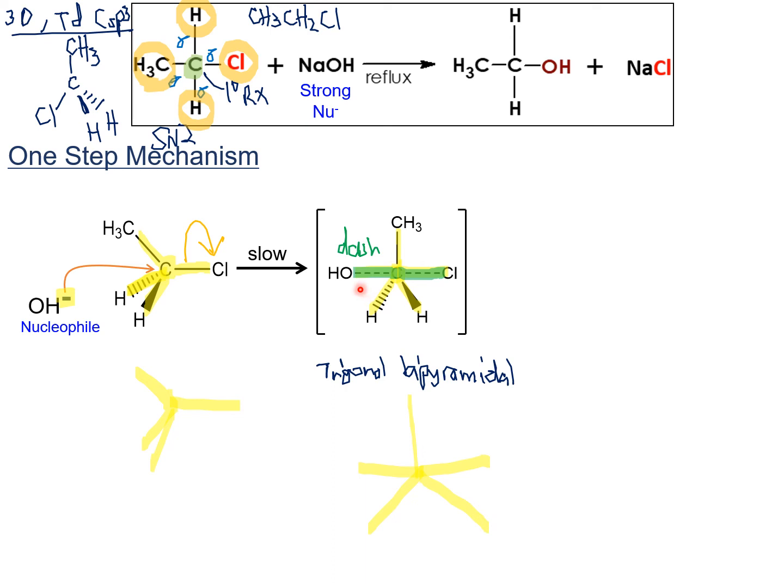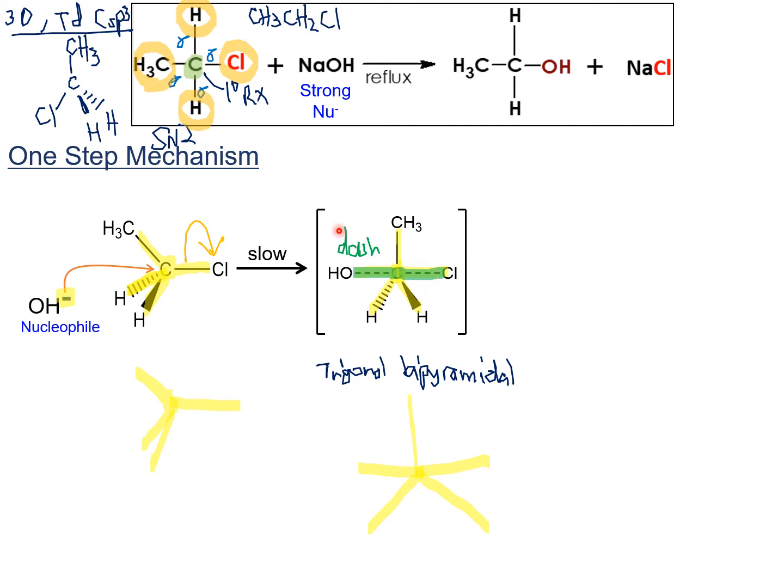It shows that the OH will attach to the carbon. Later, in your final product, this OH will be attached to the carbon, and this carbon will undergo bond breaking. This one is bond formation, this one is bond breaking. So that's why a dash line is used for the temporary bond. It shows this is a temporary bond.